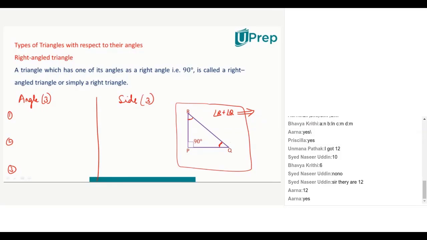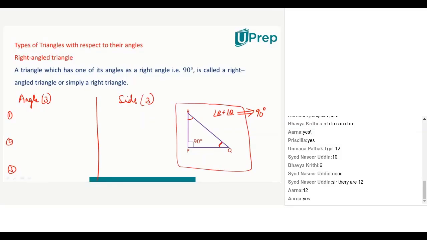I have not given any angle, but can you tell me what angle R and angle Q would be equal to? 90 degrees. And why would that be the case? Sir, because the sum of the three angles of a triangle equals 180 degrees. So 180 minus 90, it's 90 degrees. Beautiful.